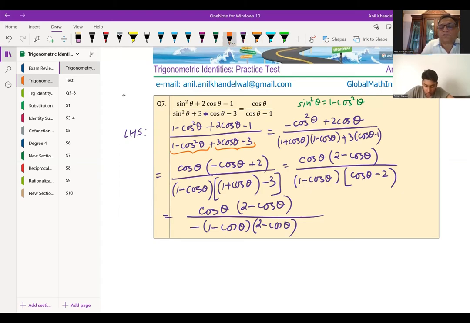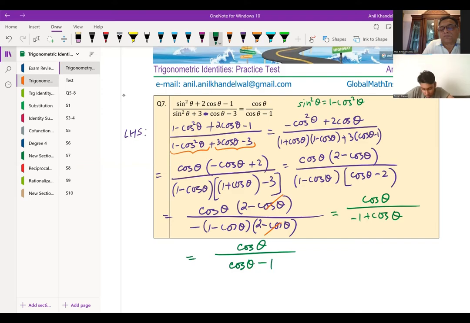Now this 2 minus cos theta cancels, and we get the expression cos theta over minus of minus means minus 1 plus cos theta, which is cos theta minus 1, right? Which is same as right hand side.